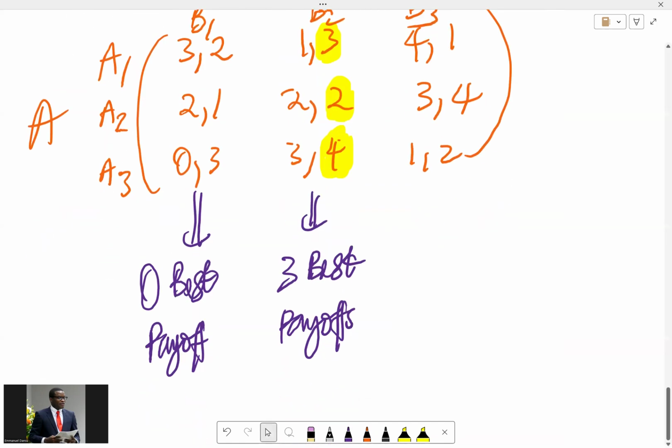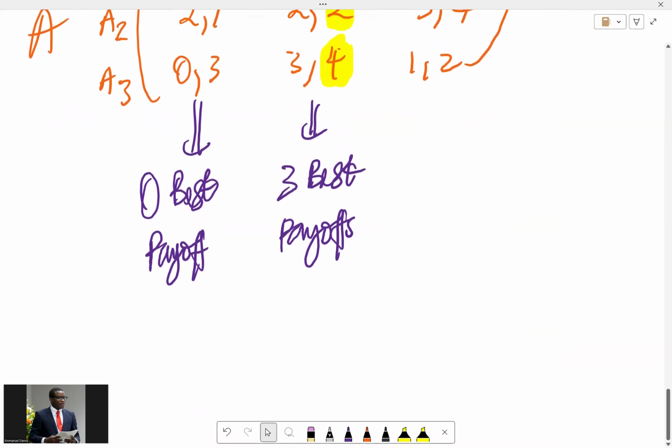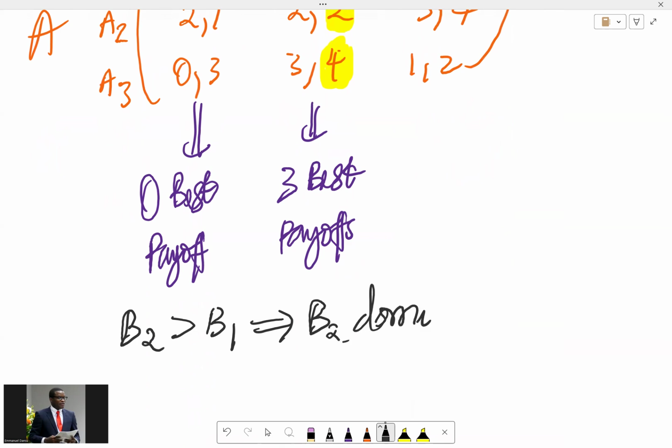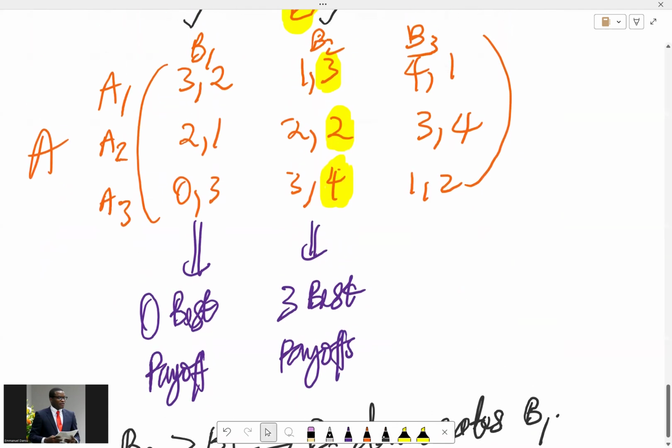So what that simply means is that strategy B2 dominates strategy B1. Strategy B2 is greater than strategy B1. And that means we have to eliminate B1. So in the next round, B1 is not going to be in contention.